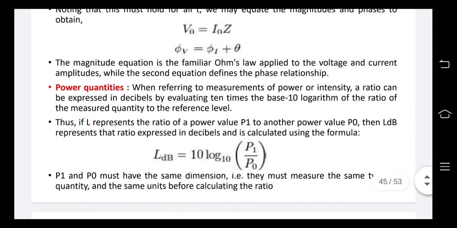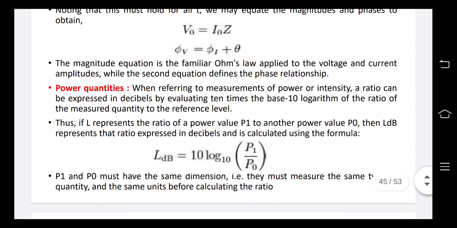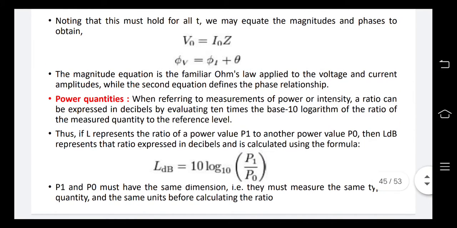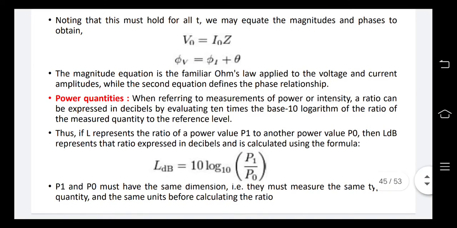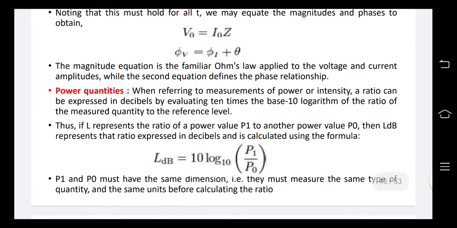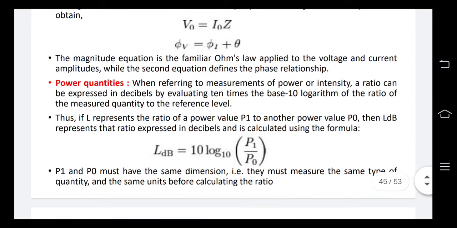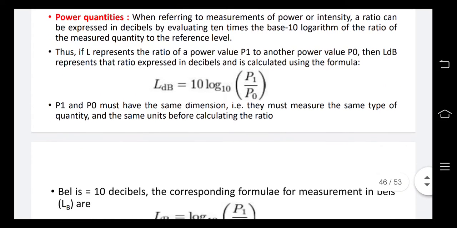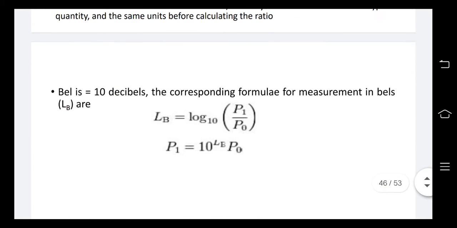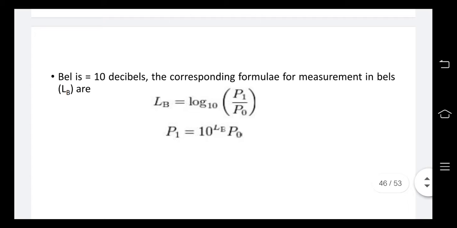So L dB equals 10 log 10 P1 by P0. P1 and P0 must have the same dimension. They must measure the same type of quantity in the same units before calculating the ratio. Only then can you take out the dB value with uniform dimensions. So bel will be equal to 10 decibels.